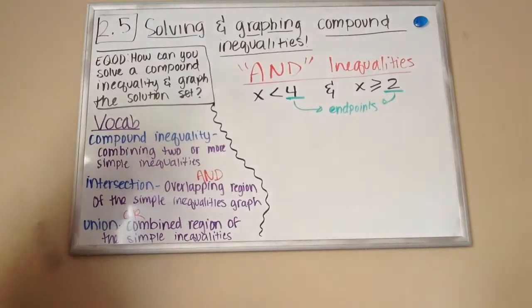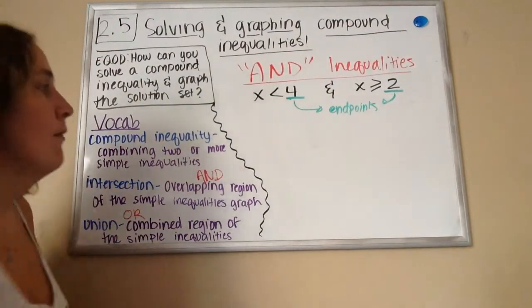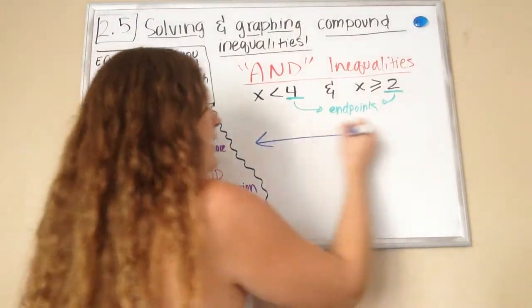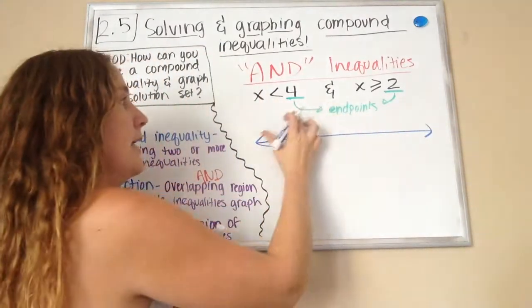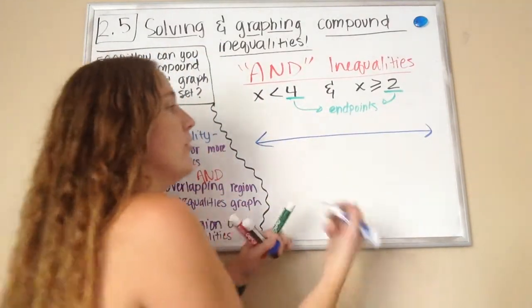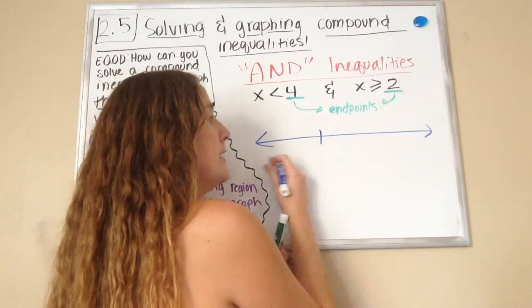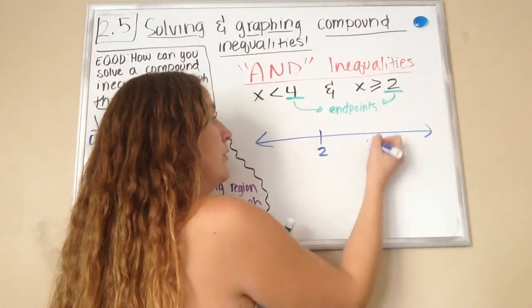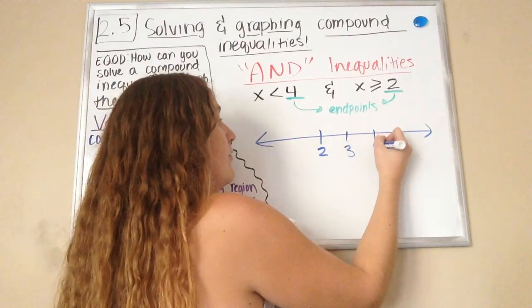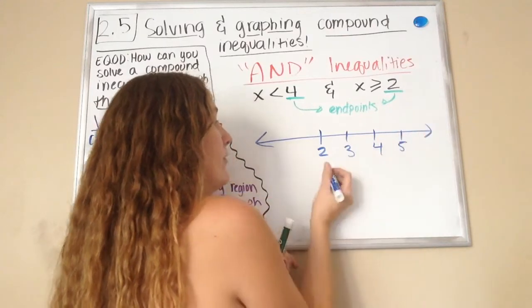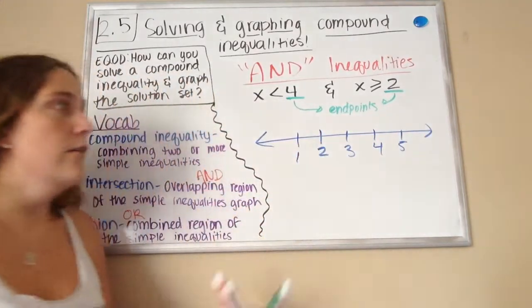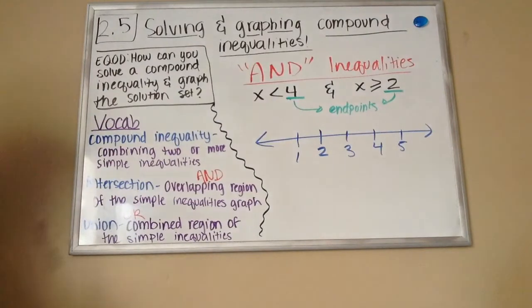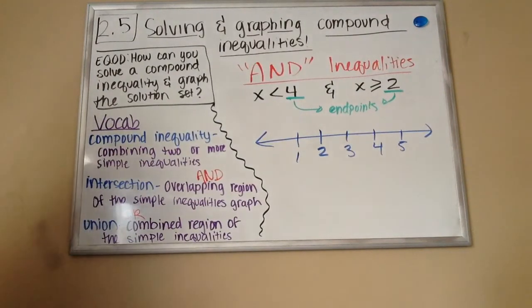Okay, so we'll look at our number line, and all we need to make sure is that these endpoints lie in the center of our graph, or around there, right? And it's increasing. So we'll start with 1, 2, 3, 4, 5, making sure that the 2 and the 4 are in the center of our number line.